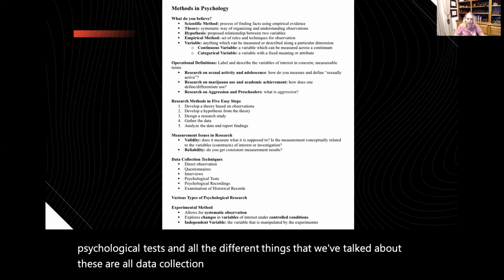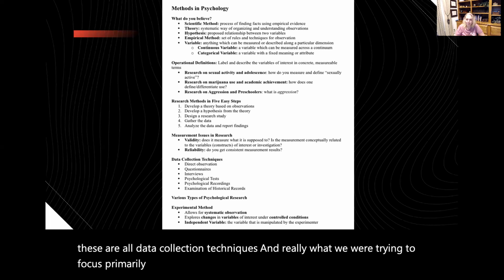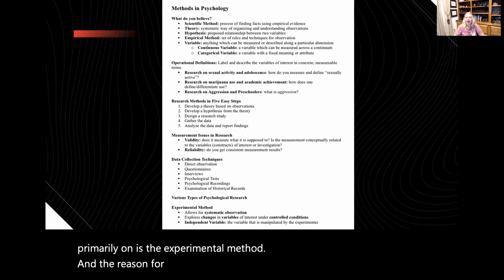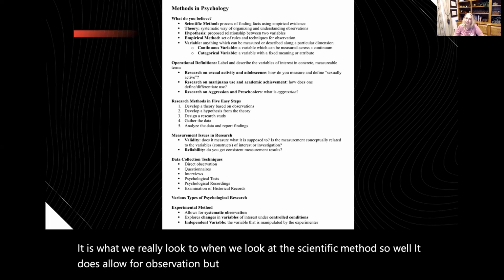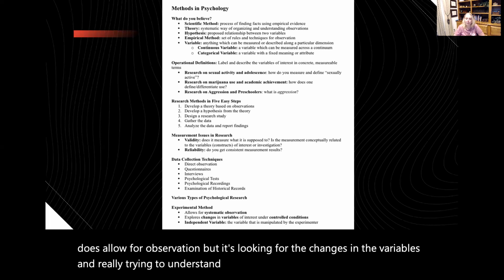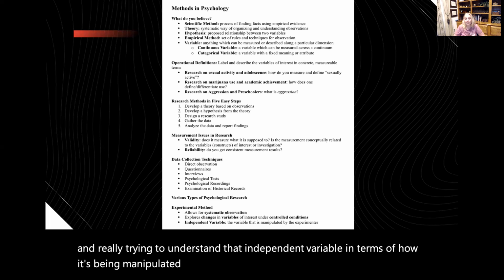And really what we're trying to focus primarily on is the experimental method. The reason for that is that it is what we really look to when we look at the scientific method. It does allow for observation, but it's looking for the changes in the variables and really trying to understand that independent variable in terms of how it's being manipulated, and when something has changed, how does that change our dependent variable?